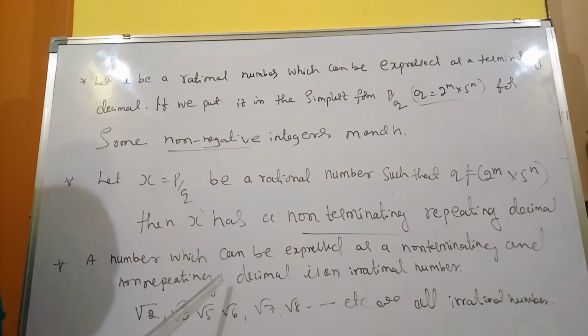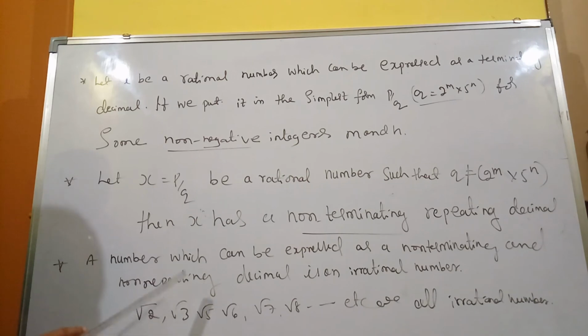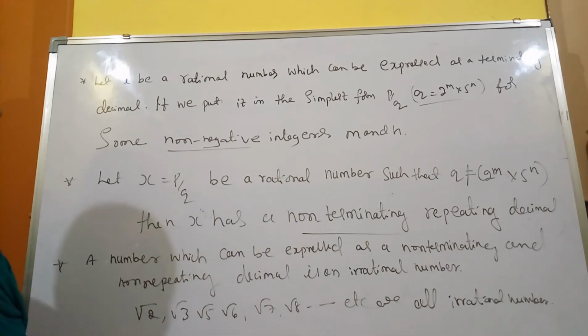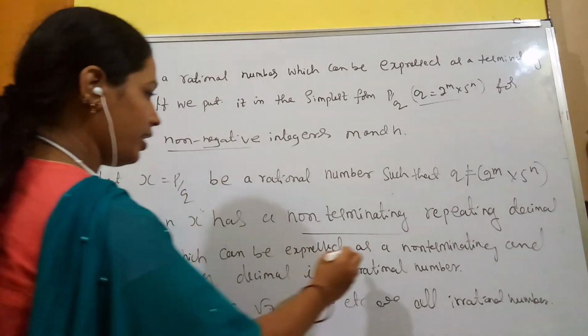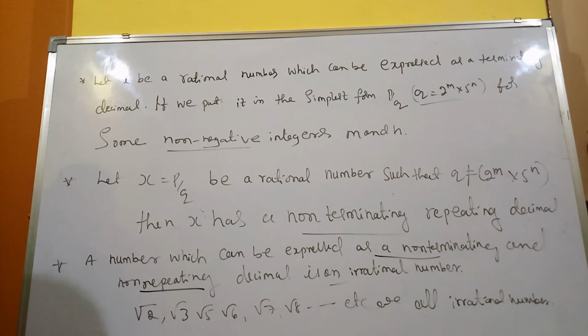A number which can be expressed as a non-terminating, non-repeating decimal is an irrational number. So if it is non-terminating and non-repeating, it is known as an irrational number. Example: root 2, root 3, root 5.